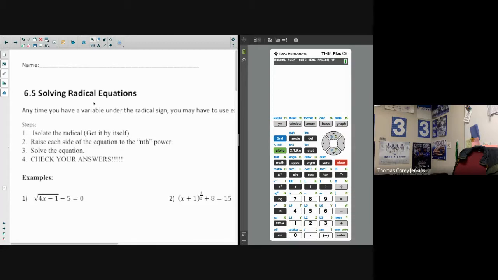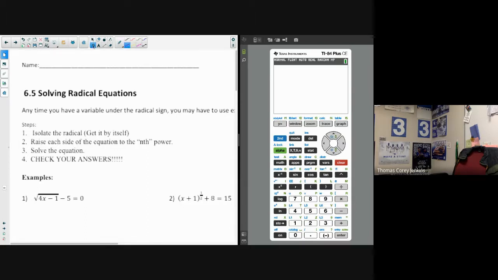And this lesson covers how to solve radical equations or equations involving exponents, right? Because we learned back in lesson 6.4 that something that's written in radical form can also be written in exponential form.